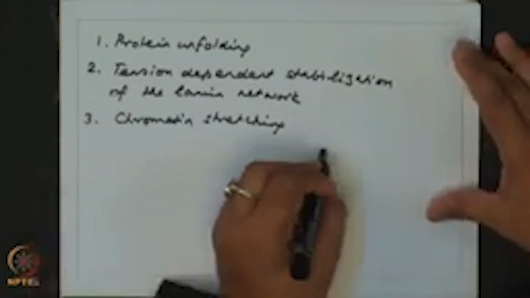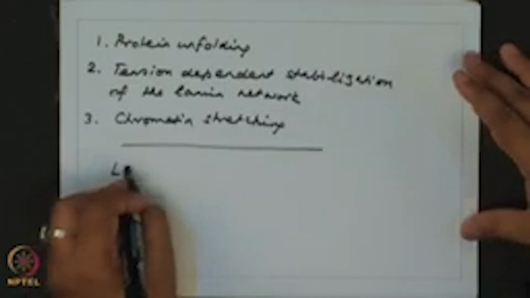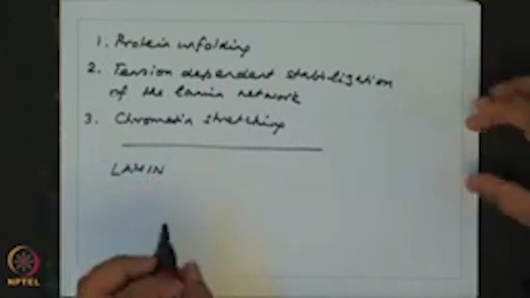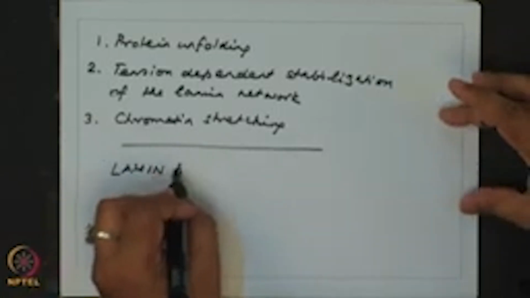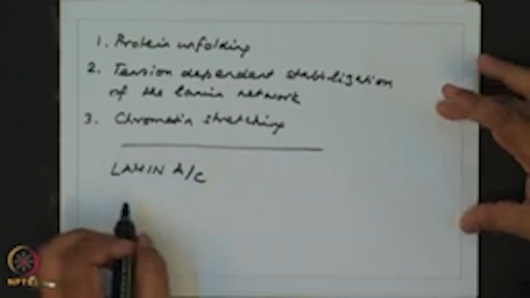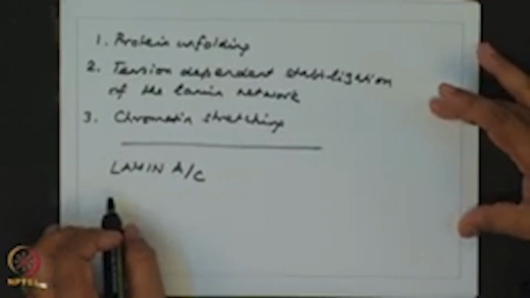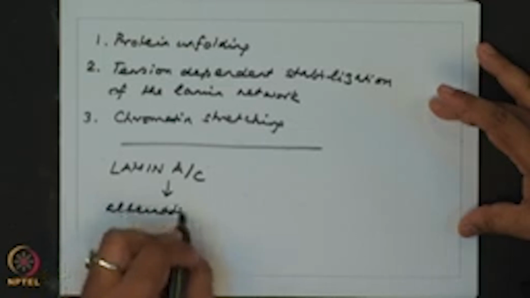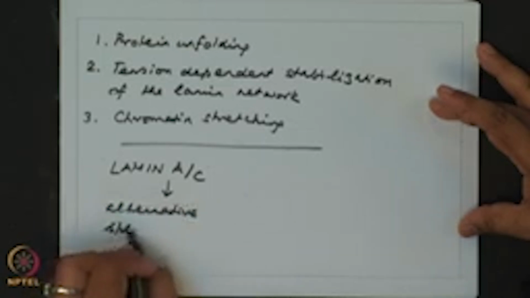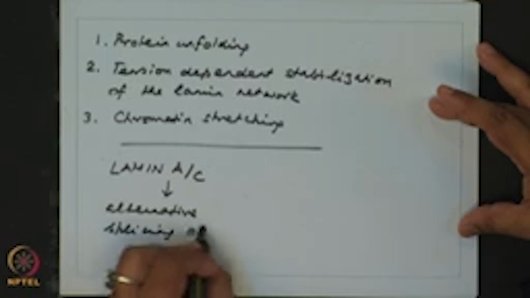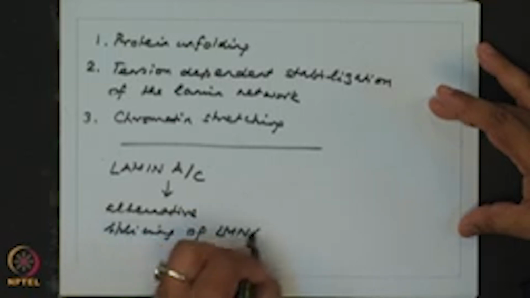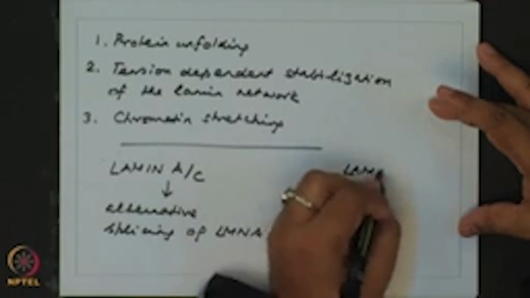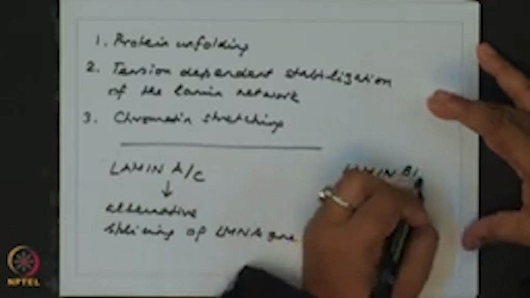Okay. So, if you look at lamin expression, there are two types of lamins. You have lamin A slash C, which is because of alternative splicing of lamin A gene, and you have lamin B1 and B2.